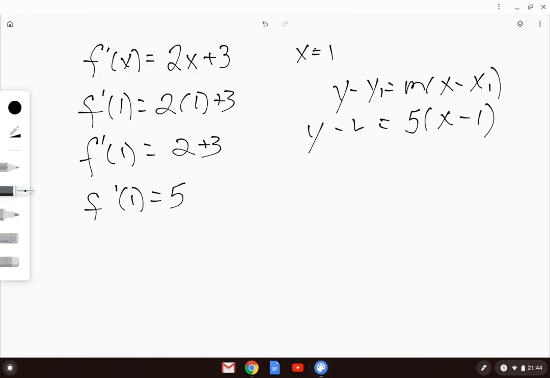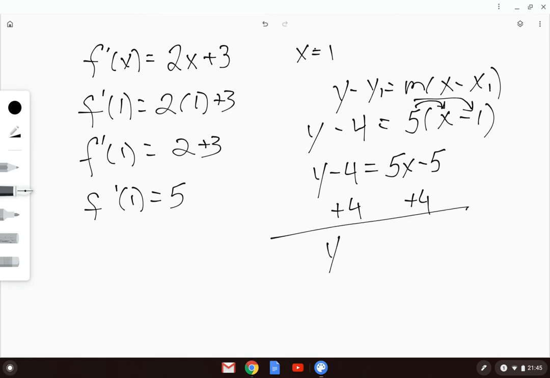So I'm going to have y minus 4. And now I just go ahead and distribute. So there is the equation of my tangent line.